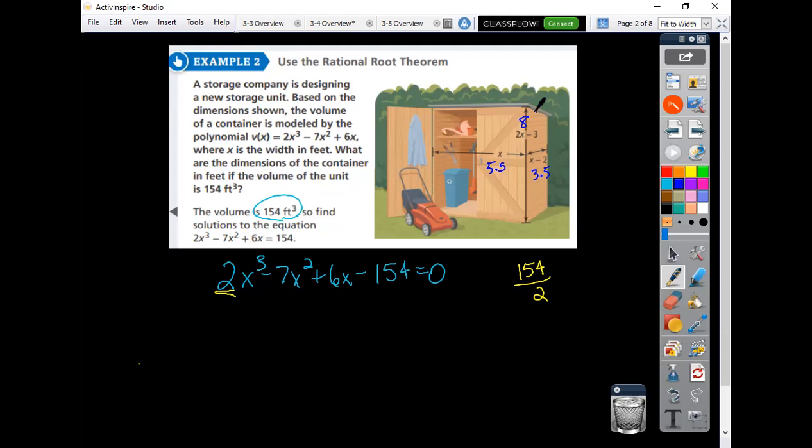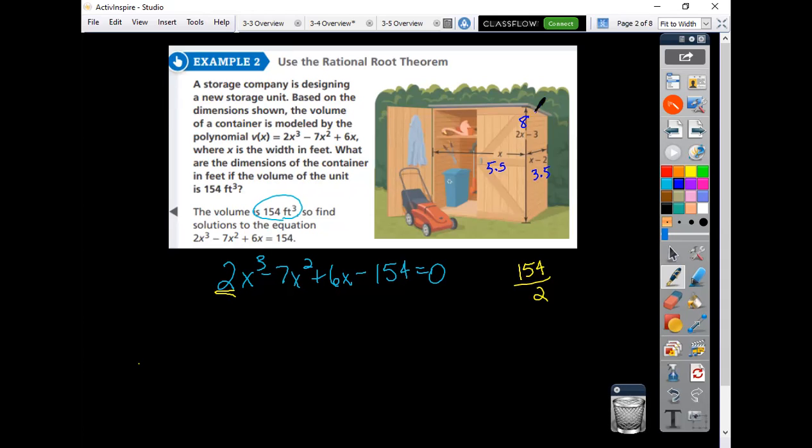I'll just grab a calculator here and say 5.5 times 3.5 times my 8, and I indeed get 154.